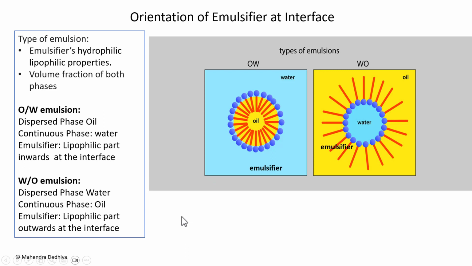Emulsifier's hydrophilic, lipophilic properties, volume fraction of both, and the orientation of emulsifier at the interface dictate what kind of emulsion it would be, whether it would be oil and water or water and oil.